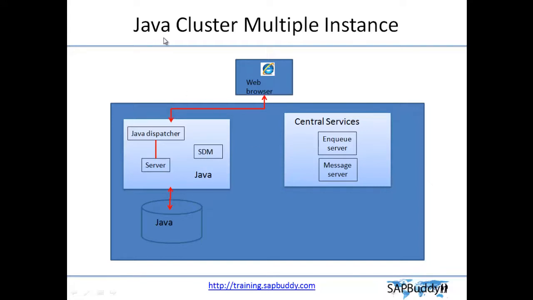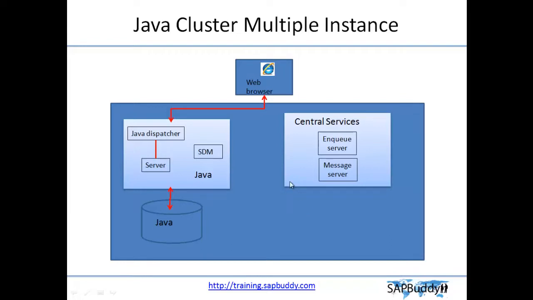Next, let us see what a Java cluster is. You can see in this diagram, you have one Java cluster with one instance. As we saw before, the Java cluster consists of all Java components.